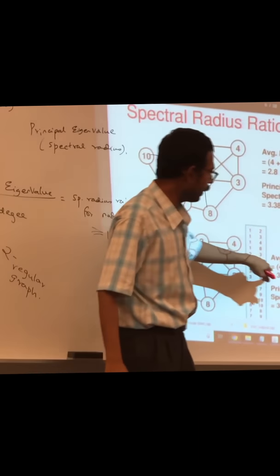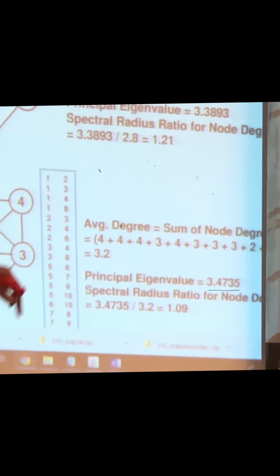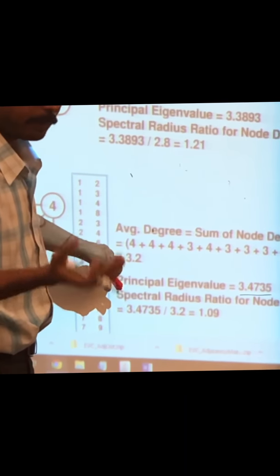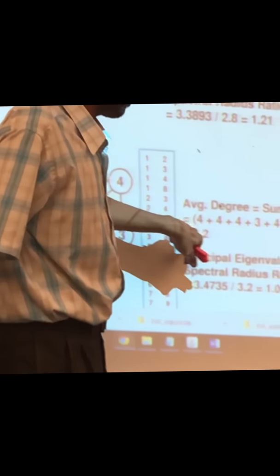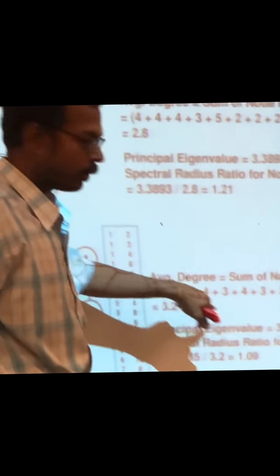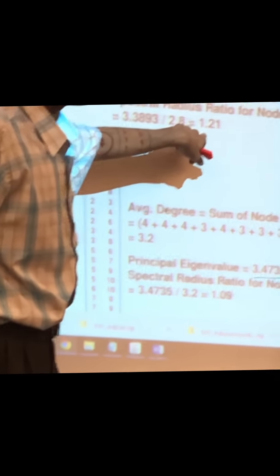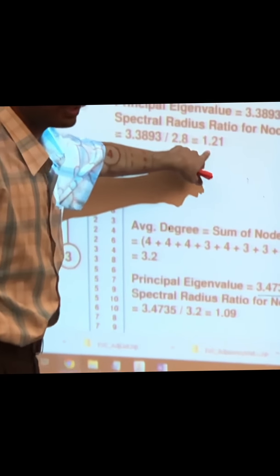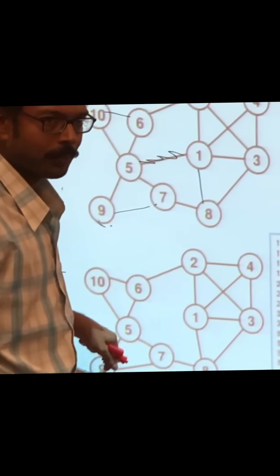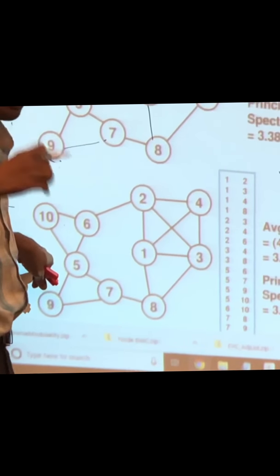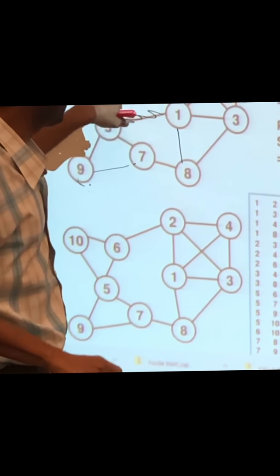I feed this information to the program, and it gives me a principal eigenvalue of 3.4735. The average degree changes a little because the degrees of the vertices changed. The average degree comes out to be 3.2, so the ratio is now 1.09. You see it is now less than 1.21. Which means, between the two graphs, this graph has less variation in node degree compared to that graph.